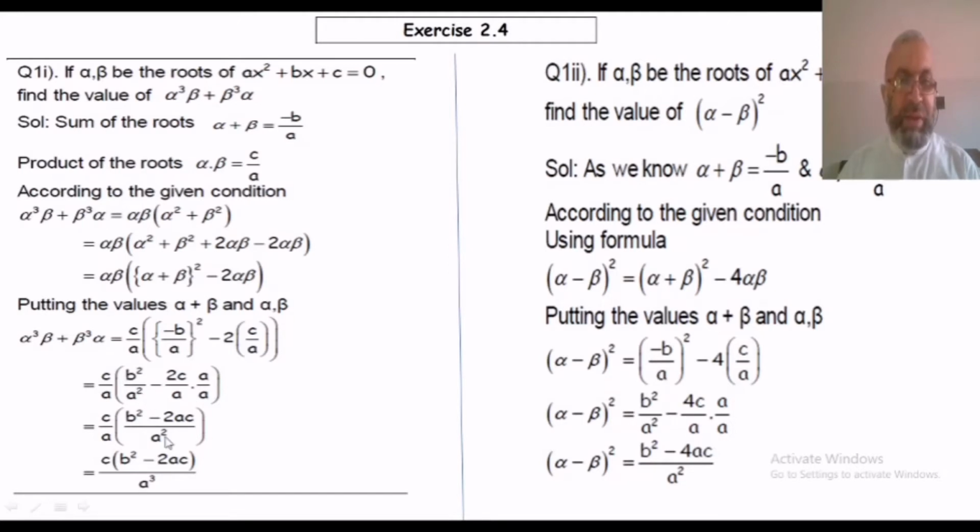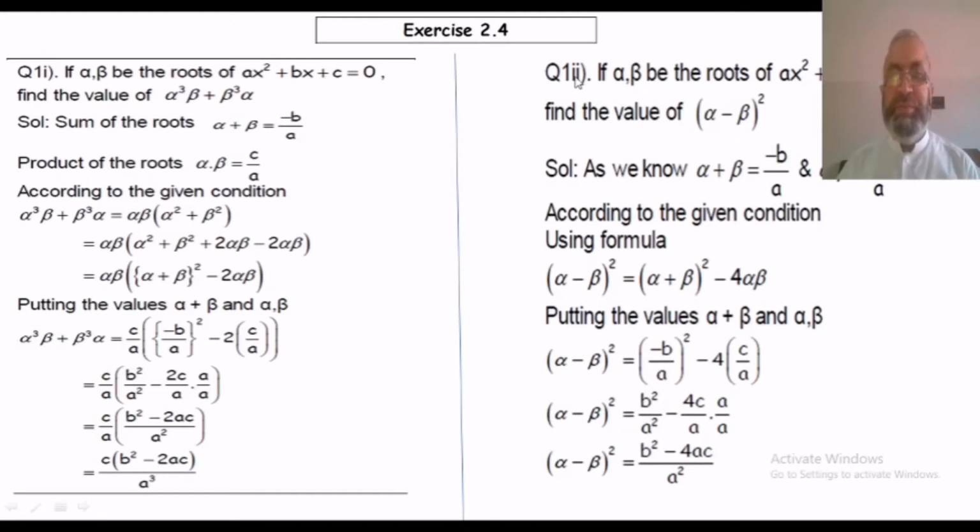So a square is the LCM, we get b square minus 2ac, and c is totally common, we multiply a square with a, and we get c into b square minus 2ac divided by a cube, which is the value of alpha cube beta plus beta cube alpha, symmetric function.